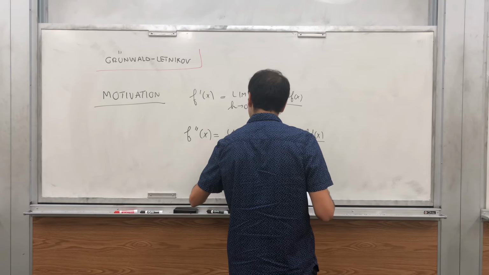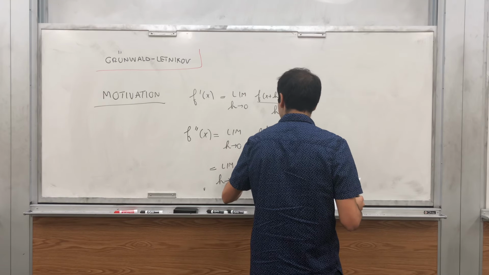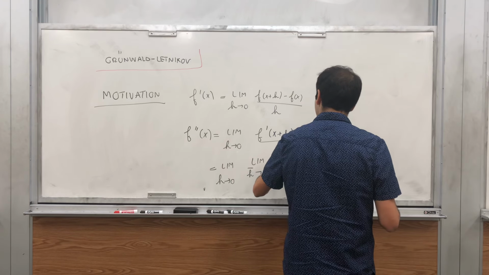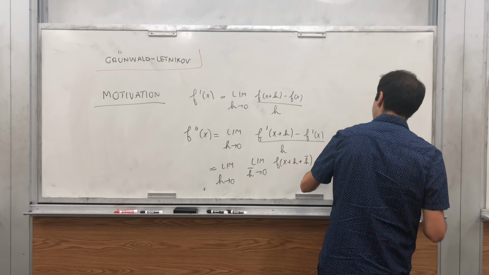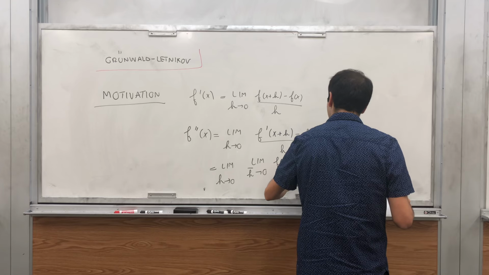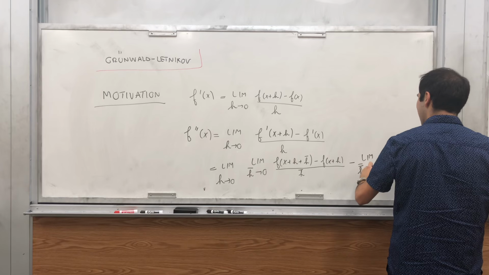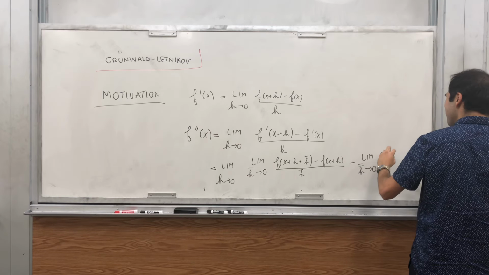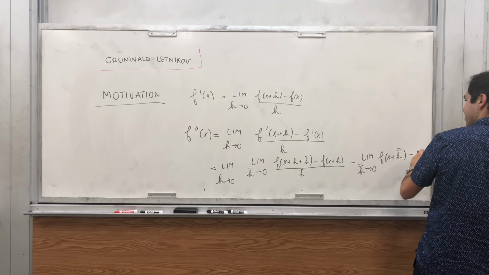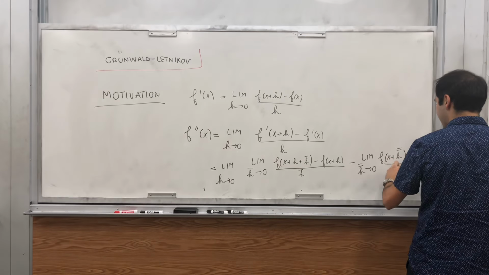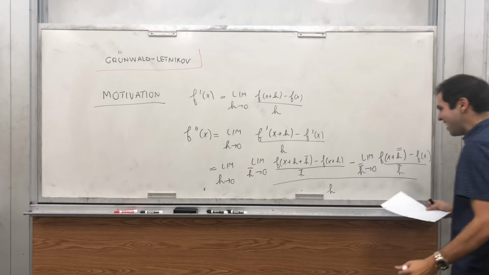Which really becomes the limit as h goes to 0 of the limit as h bar goes to 0 of f of x plus h bar minus f of x plus h over h bar, and then minus, limit as h bar goes to 0, f of x plus h bar minus f of x over h bar, all over h.